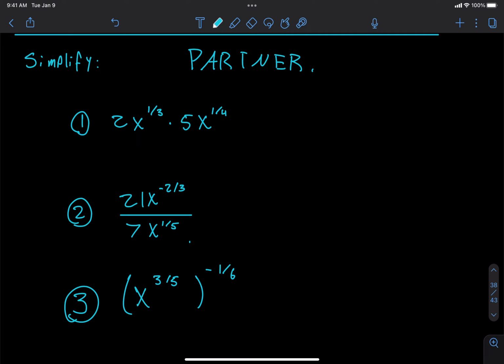I need to add 1/3 and 1/4, right? That's right, so we just need to figure out how to add 1/3 and 1/4, which is find a common denominator, which means multiply 1/3 times 4 on the top and bottom, multiply 1/4 times 3 on the top and bottom, and add.